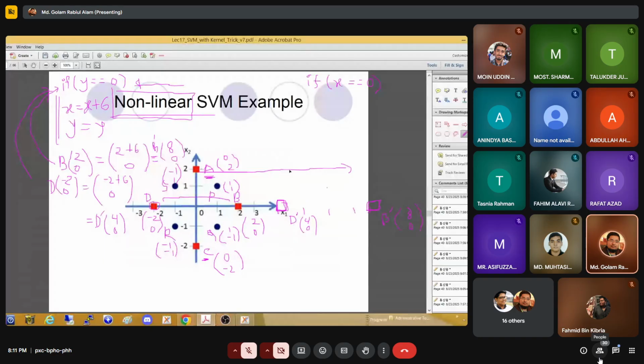Let's say we use the same increment, that is x equals x plus 6. Do we need to change the y? As we just want to shift to the right, that means in the x direction, so there is no need to change y. So y will be the y.